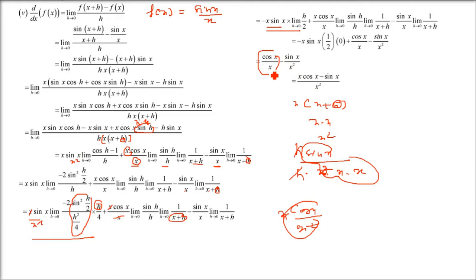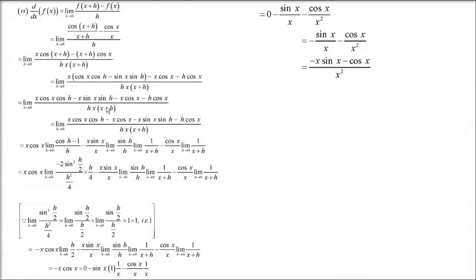So cos x by x minus sin x by x square will come, and now you can take the LCM. So you have x square in the denominator and x cos x minus sin x. This is the final term. Don't worry about this denominator. You can take it as h times x into x plus h, or always as h into x square. Both ways you are going to get the answer.